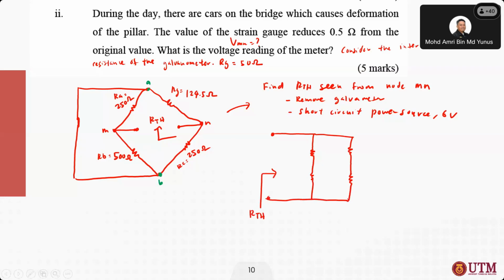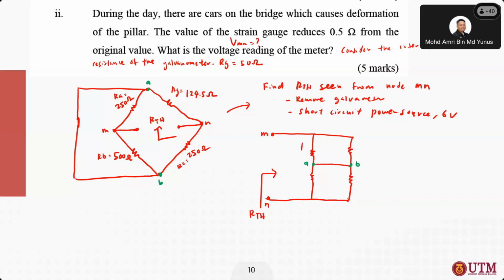So our Thevenin circuit. This is not M. This is at the bottom, the bottom is node N. So node M is connected to RA and RB.